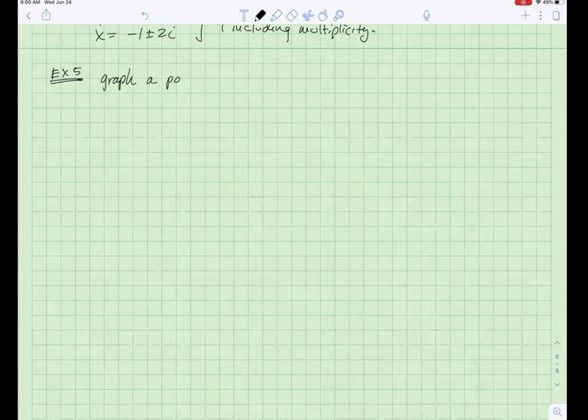Graph a polynomial with the following features. Has real coefficients. Sorry, not graph.